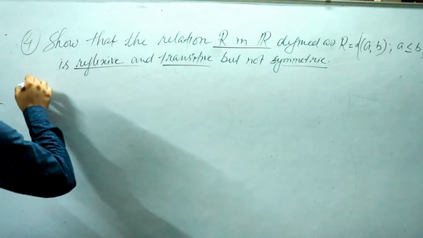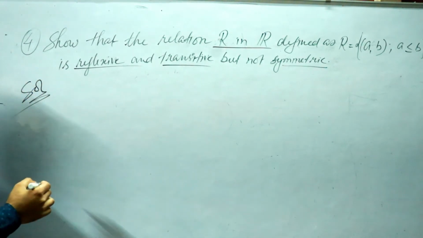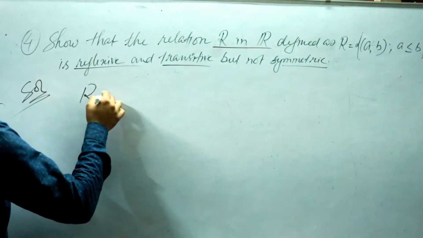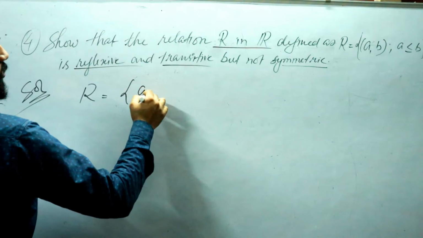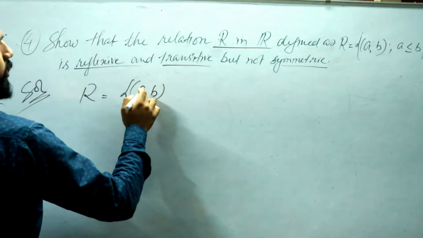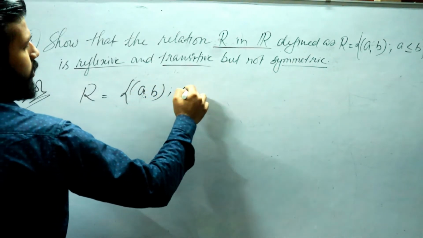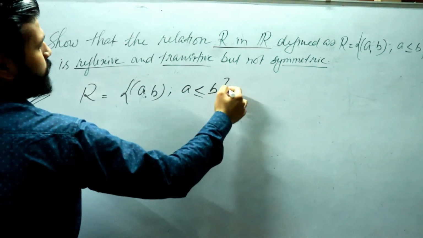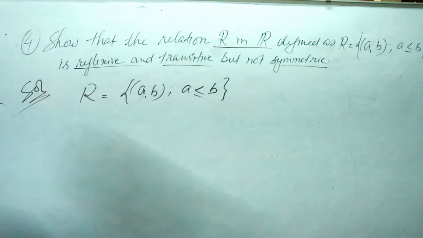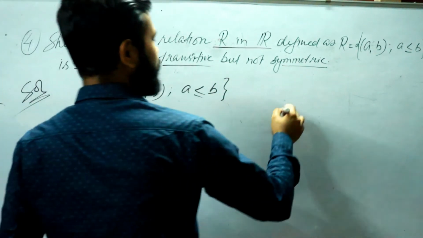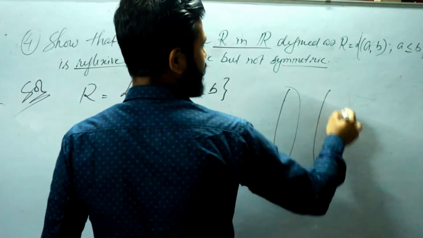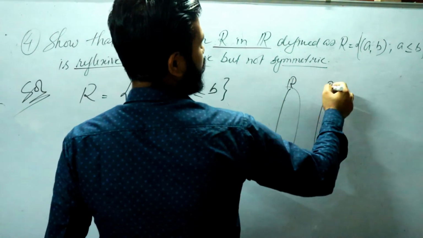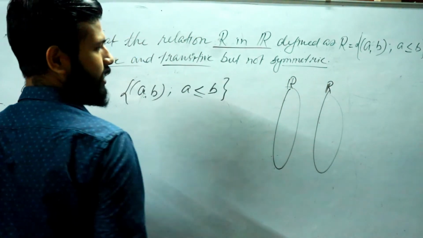So, solution. How is the relation defined? Relation is defined as (a, b), where a is less than or equal to b. This is the relation, and it is defined on the real numbers, real number to real number. I hope that's pretty clear.